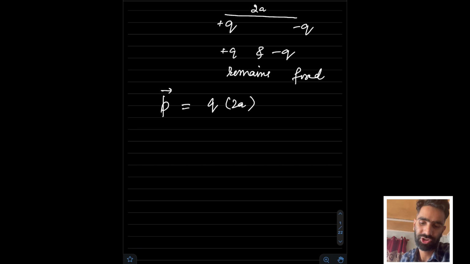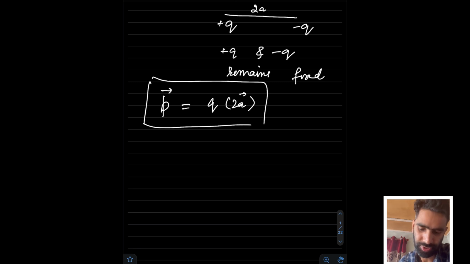This distance of separation is also called the length of the dipole, and by convention the direction of this dipole moment is taken from minus q to plus q. So I will take this 2a also as a vector from minus q to plus q. So p gives the dipole moment of this dipole.